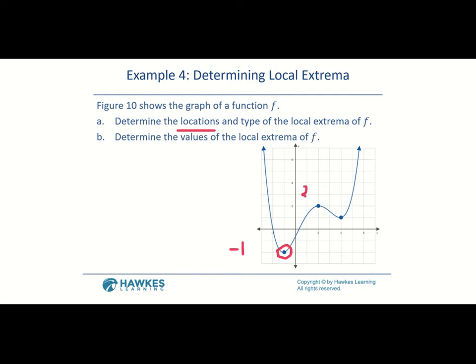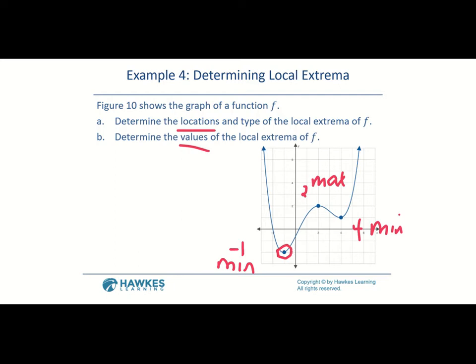And then we have another minimum here, because again, it's at the bottom of a valley, so its location would be 4. So this is a min, this is a max, and this is a minimum as well.